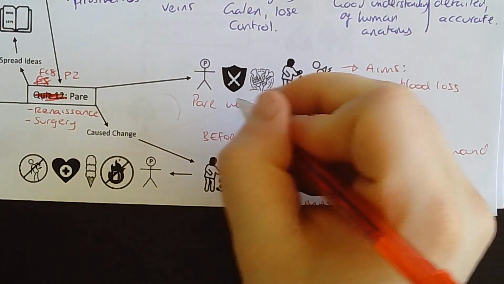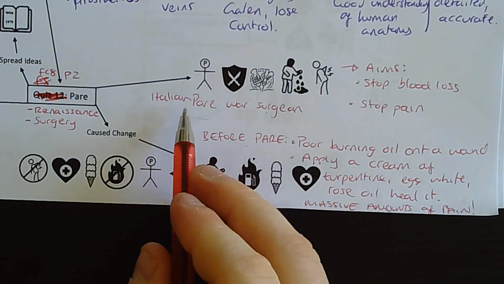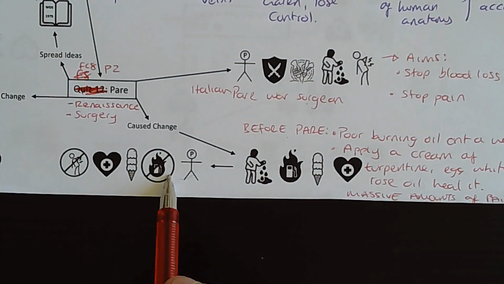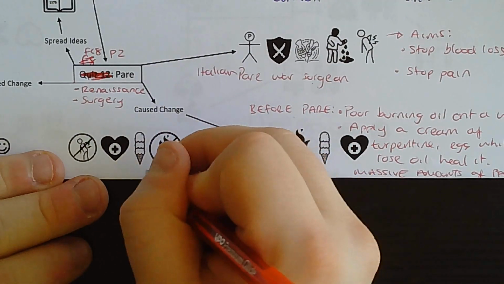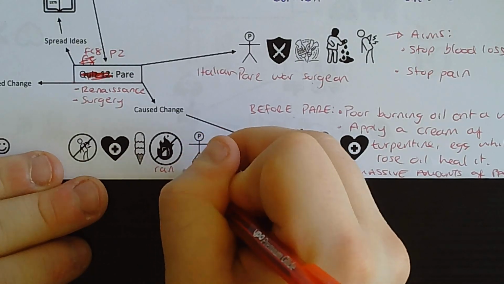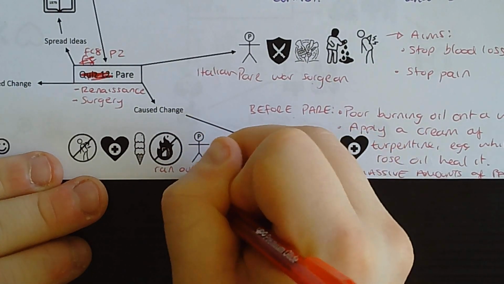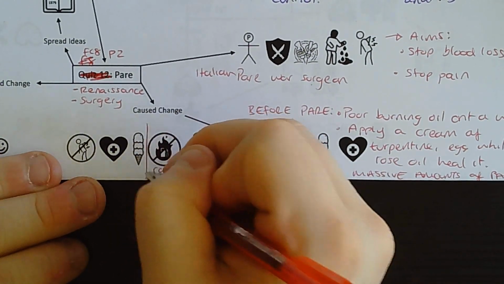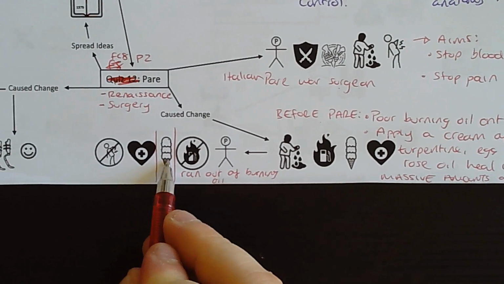Now, I would just add that Pare is an Italian war surgeon, and that will come important later. So, what did Pare do then? Well, by chance, Pare ran out of burning oil one day. And as a result, Pare just used the cream.